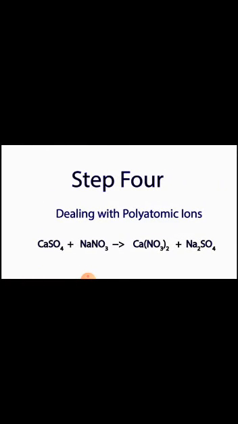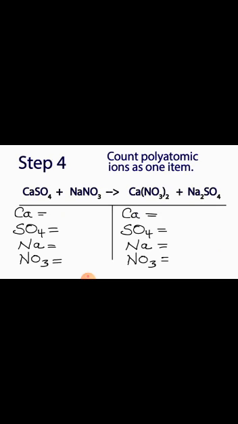Sometimes we'll have equations that look downright scary. Yikes. But if we have a polyatomic ion on both sides, like the SO4 or the NO3, then we can consider that ion to be just one thing. Here's the equation, and I've done my accounting below. I have 1 calcium here, 1 calcium over here, and I wrote the entire SO4 as one thing.